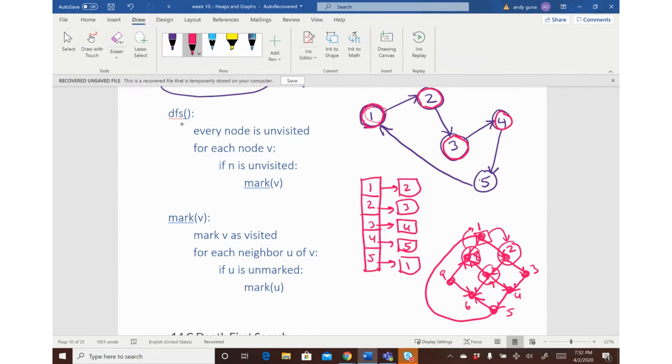Let's suppose that I choose to go to 6. But if I choose to go to 6, I cannot go anywhere from 6. So therefore, I'm stuck. I need to backtrack and try the other route, which is 4. And from 4, I can go to 5. From 5, I can go to 1. That means I found the cycle.